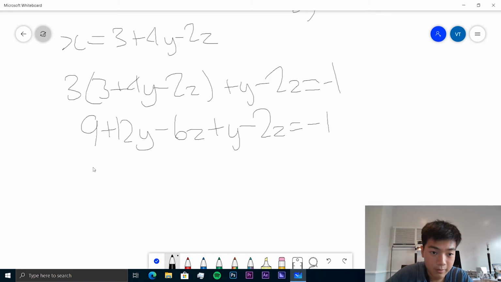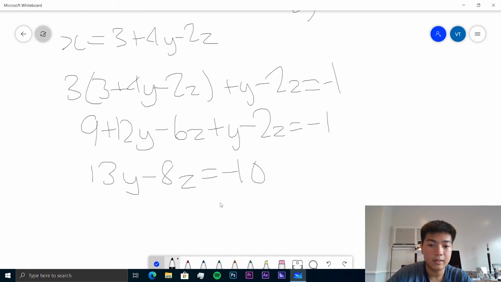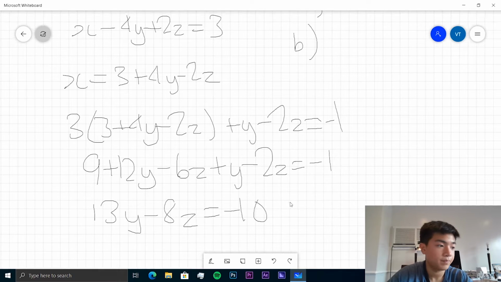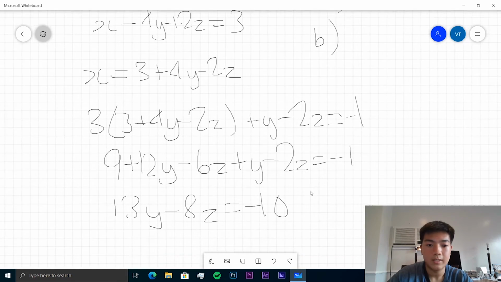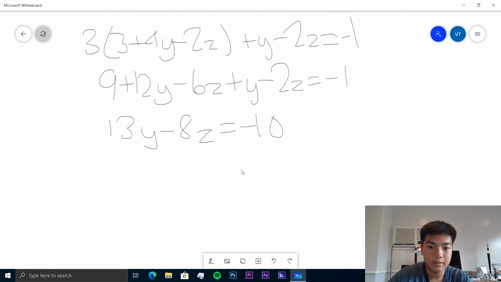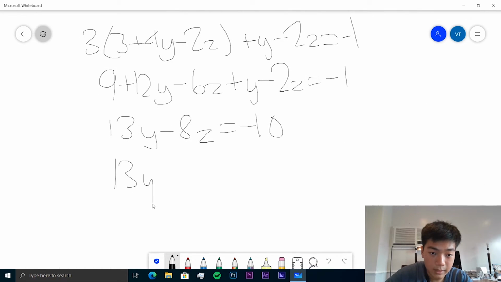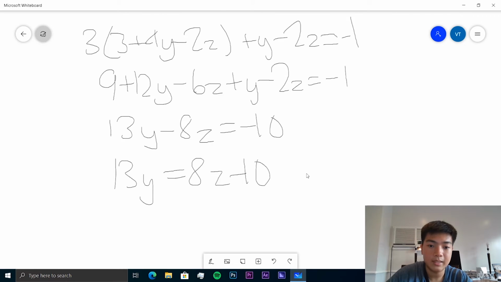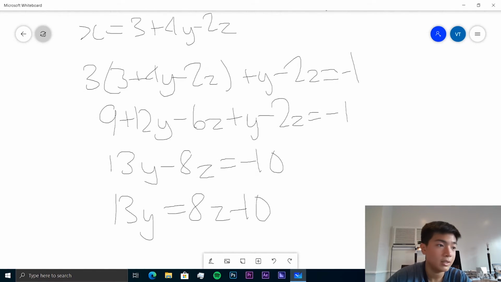So we have 13y minus 8z is equal to -10. Knowing this, we can say that 13y is equal to 8z minus 10, and then substitute back into the original equation.